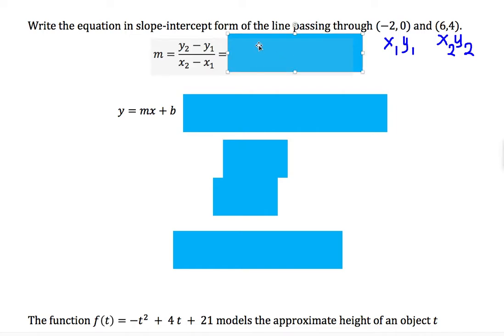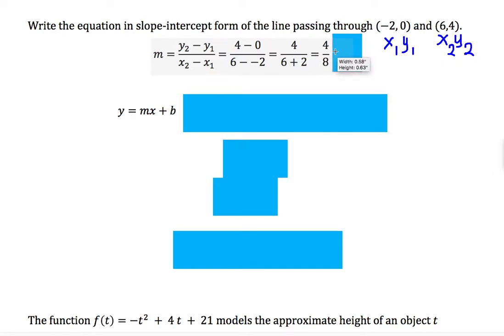So when I plug everything into the equation, it looks like this. We have 4 minus 0 divided by 6 minus -2. We do want to go ahead and simplify that. So we have 4 in the numerator and 6 minus a -2 just becomes 6 plus 2.